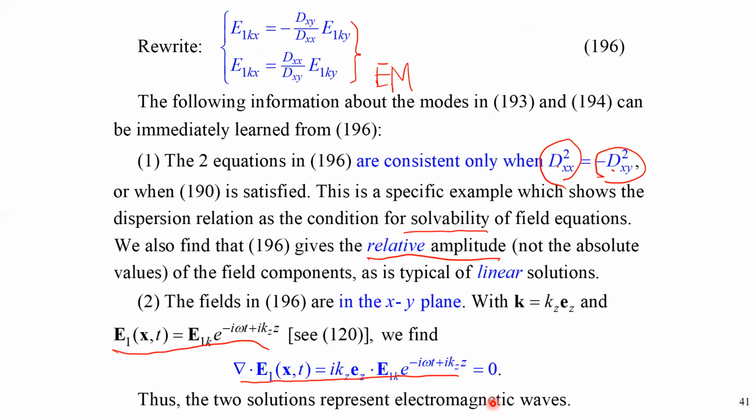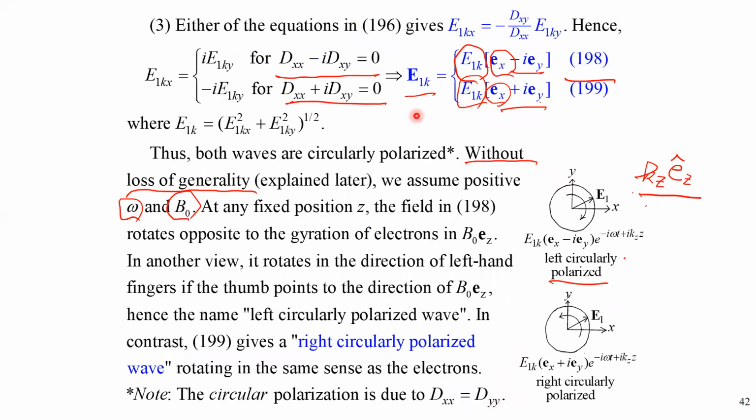Okay, so imaginary components as shown here, equation 198 and 199. These two waves just represent a circularly polarized wave. Okay, so we have a circularly polarized wave.